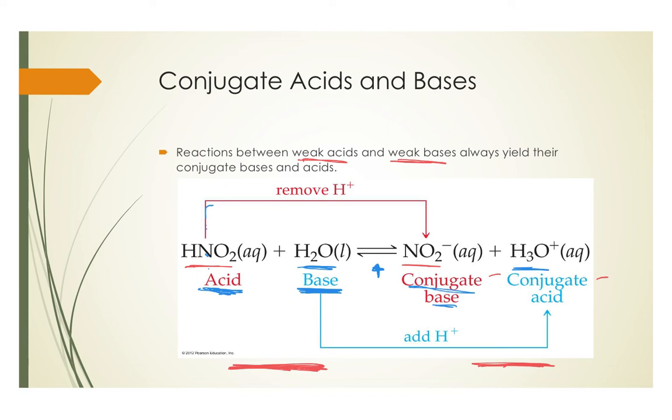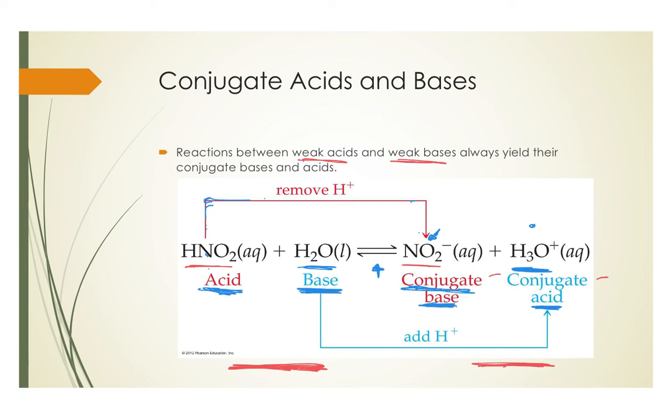So if I likewise come over here to our H3O+ and I take a look at that, if this reaction is going in reverse, we go from H3O+ to H2O, which means that this lost or donated a proton, and so it becomes known as our conjugate acid. Same thing, we said the opposite of the acid was the conjugate base. Right here, our base. If we run this reaction in reverse, we add a proton, or in other words, this thing is a proton acceptor, and so it becomes a base. It is our conjugate base.